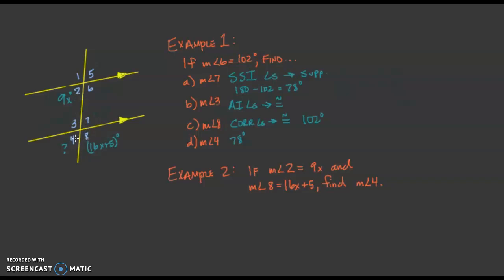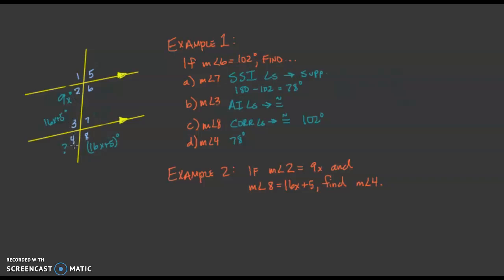However, I might notice that angles 8 and 3 are congruent. So if I take this 16x plus 5 and put it here, now I would have a pair right here that would be same side interior angles that would have to add up to 180. Now why is that important? I haven't even mentioned angle 4 yet, and that's what we're supposed to find.